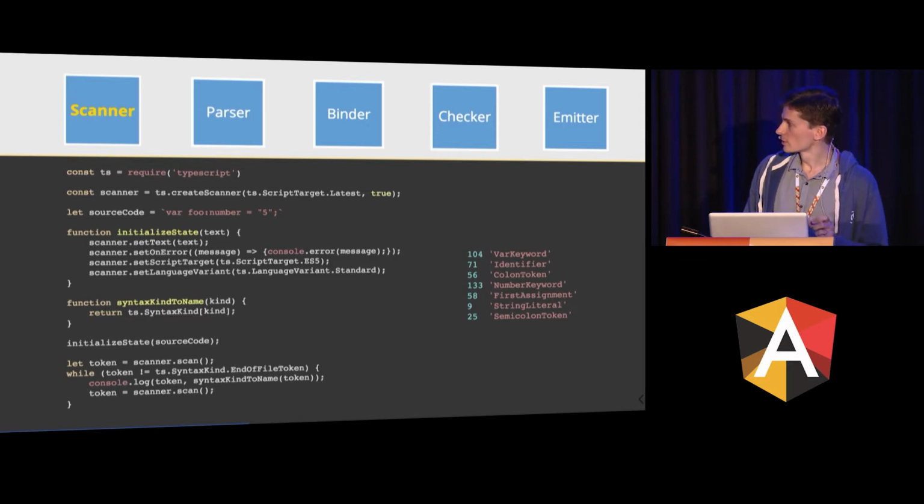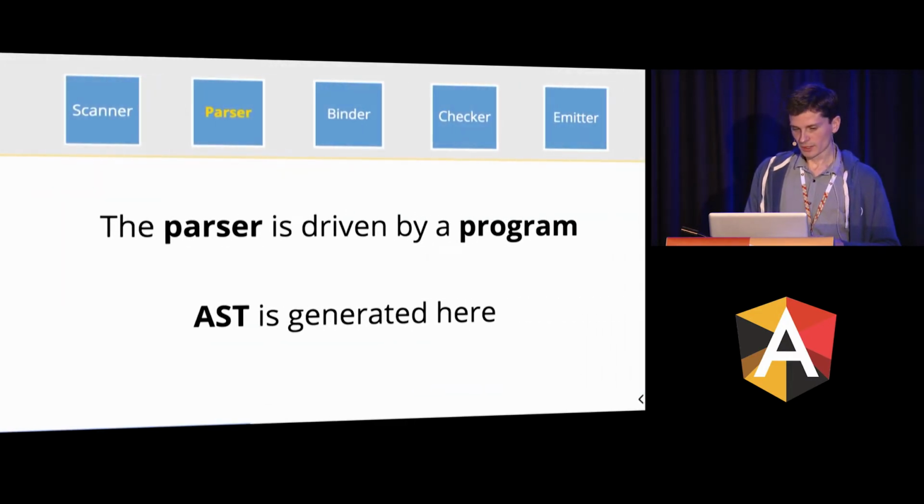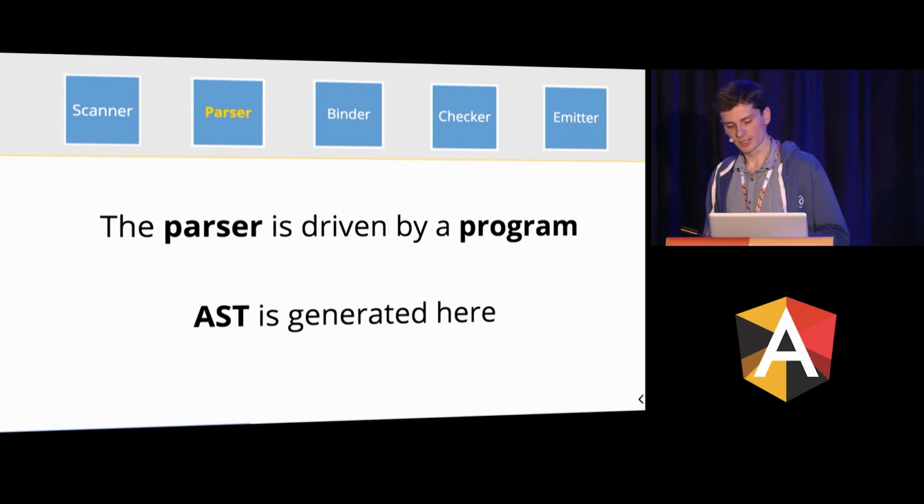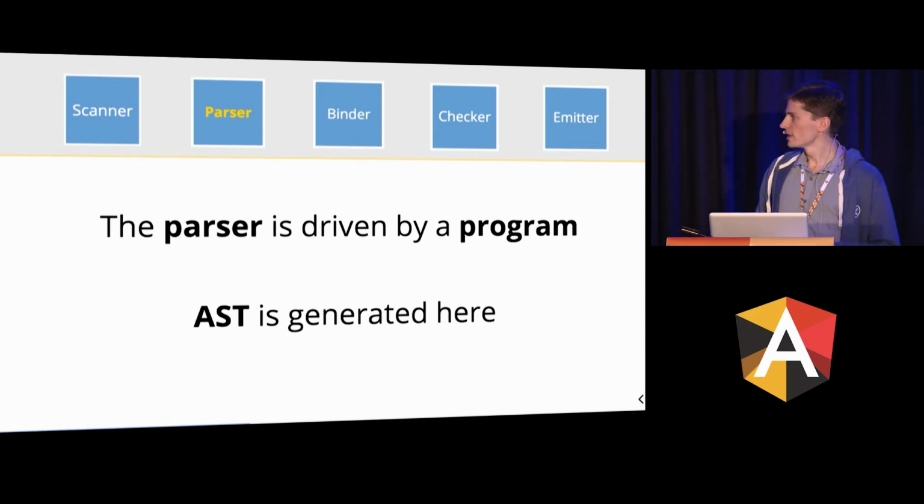The example source code is just one statement, but it's just for demo purposes. After that, the parser will take this token stream and try to generate the famous AST. The parser is driven by a program we will see in the next slides.